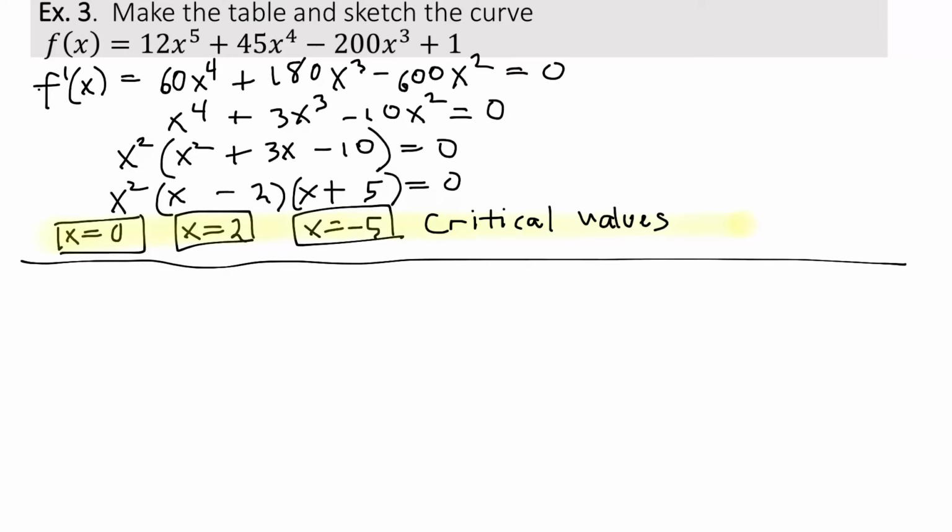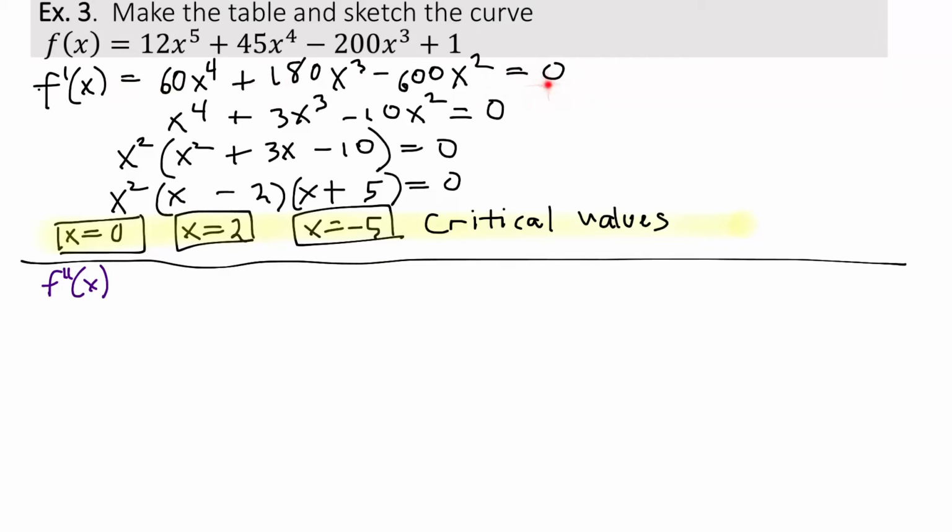Now I'm going to find the second derivative. So I go back to my first derivative from before I set it equal to 0 and divided out that common factor. I got to go all the way back to here.